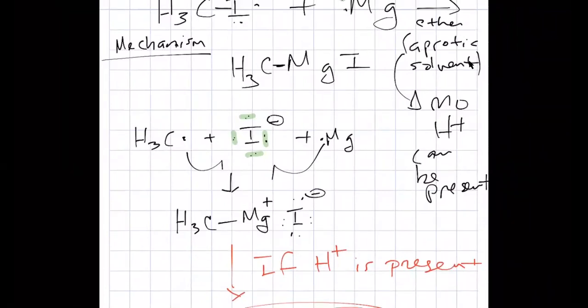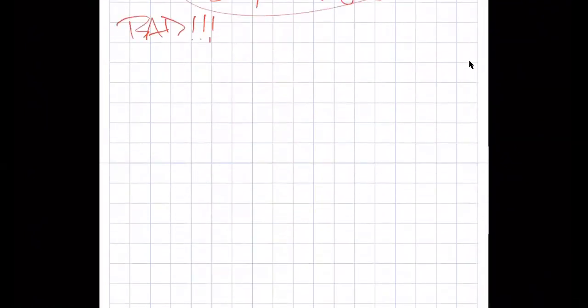I had a friend in graduate school. I tell this story every time I teach this. He was trying to make a Grignard, and it kept failing. What he figured out was that the flask, maybe I can illustrate this, had a cold finger on top, connected to the round bottom flask like this. But there was a gap in here.